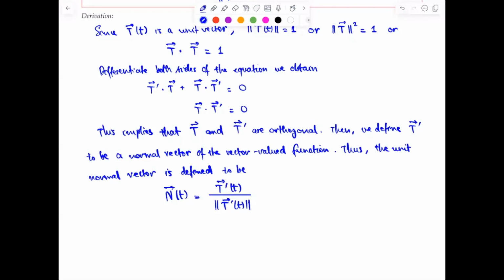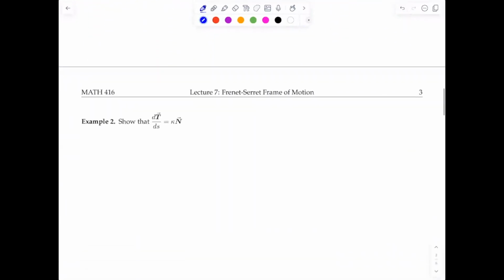Inward normal vector, because we define it that way, and it will help us to see more clearly why it is the inward normal vector through this relationship of dT/ds equal to kappa times the unit normal vector.